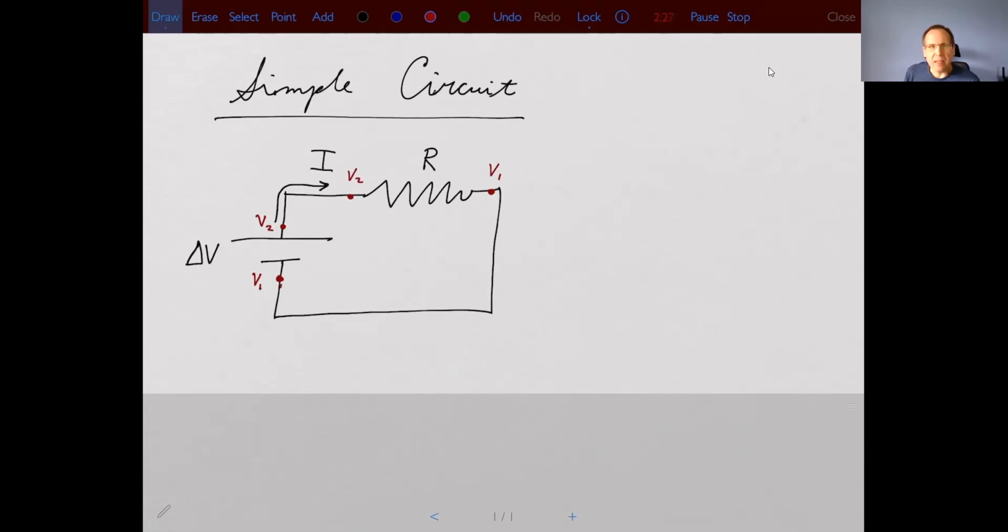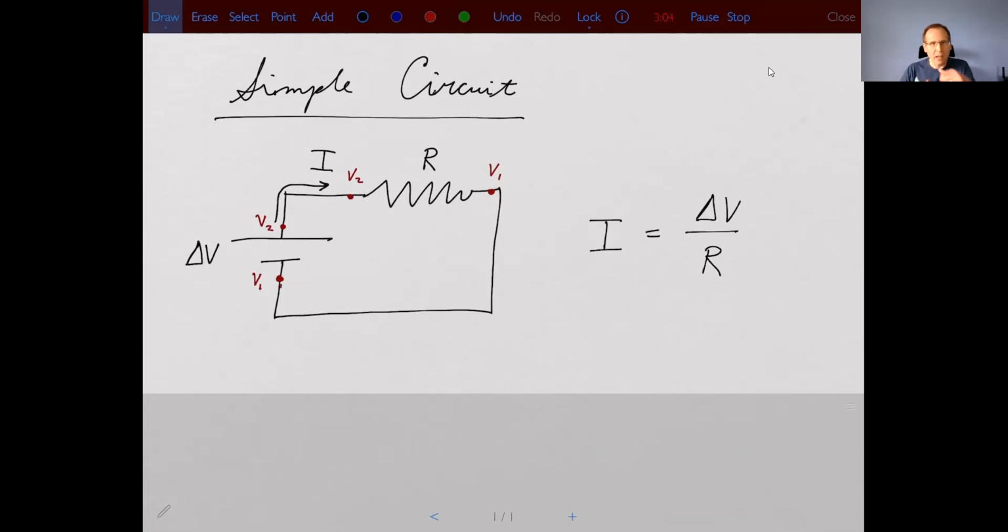So you can see that the voltage drop across the battery is the same as the voltage drop across the resistor when you have a simple circuit like this. If we want to calculate the current, we can simply use Ohm's law, and we'll find that the current is that total voltage drop, delta V, divided by the resistance value. That will give you the current through that simple circuit.